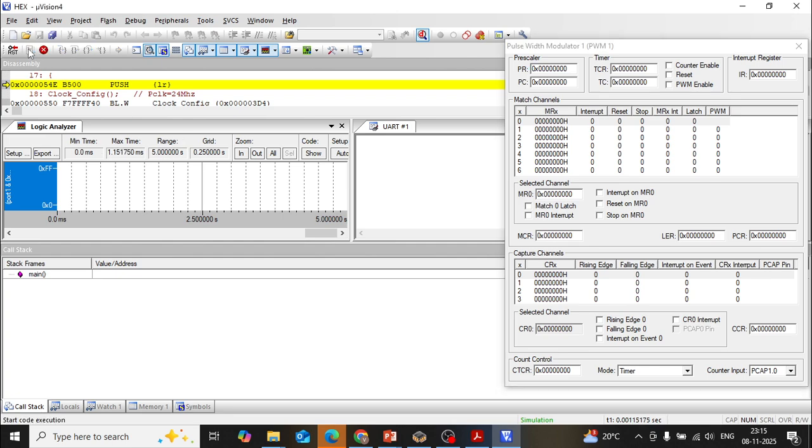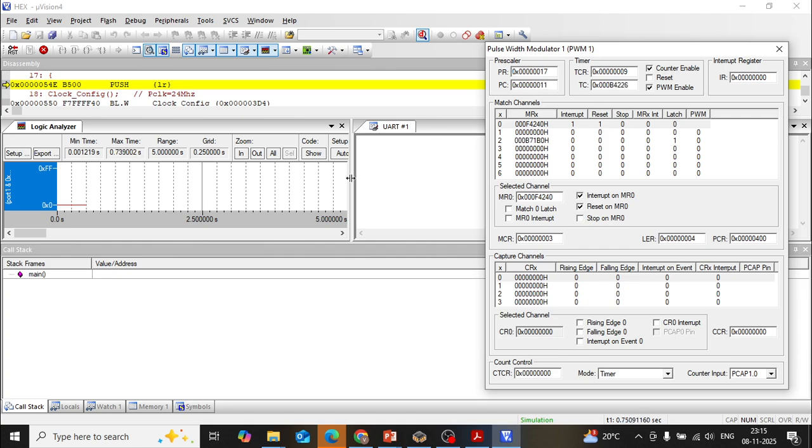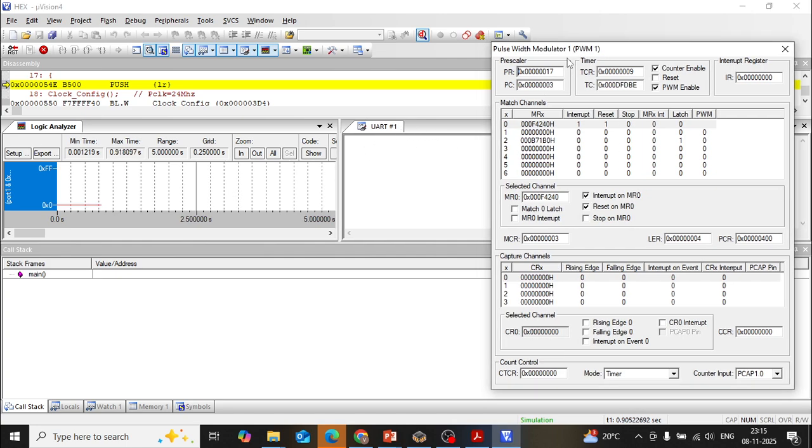I'll just allow it to run here. Yeah. So this is my UART where you will get the output, and this is your PWM signal, the PWM peripheral.